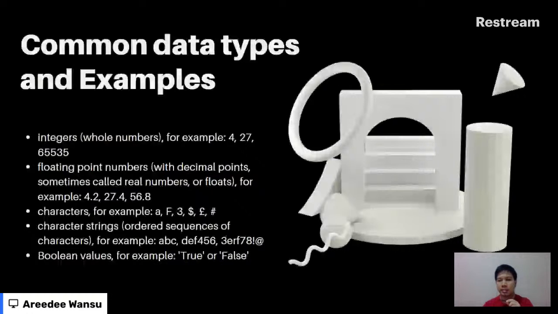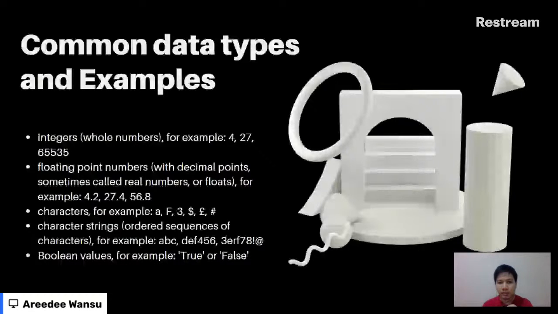Some common data types are as follows: integers, characters, strings, floating point numbers, and arrays. More specific data types are as follows: variable character, format, Boolean values, dates, and timestamps. So here are several types of the data types.